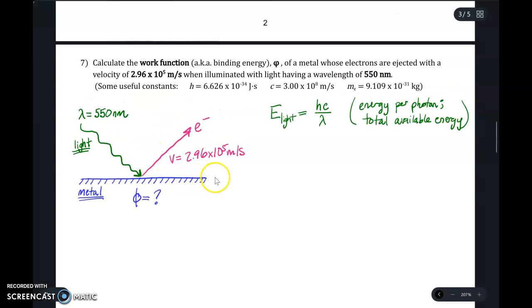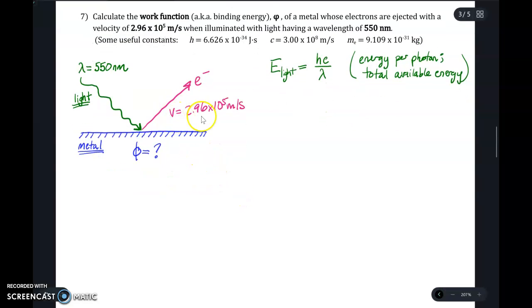Then if there's any energy left over, that leftover energy goes towards the motion of the electron, which means the speed of the electron, which means kinetic energy, essentially. So this part in pink, we can use the velocity of the electron to calculate how much kinetic energy that electron has, which again represents the amount that's left over after we've ejected the electron.